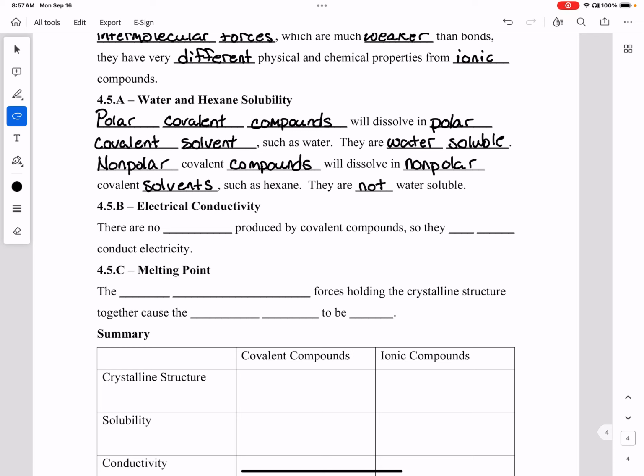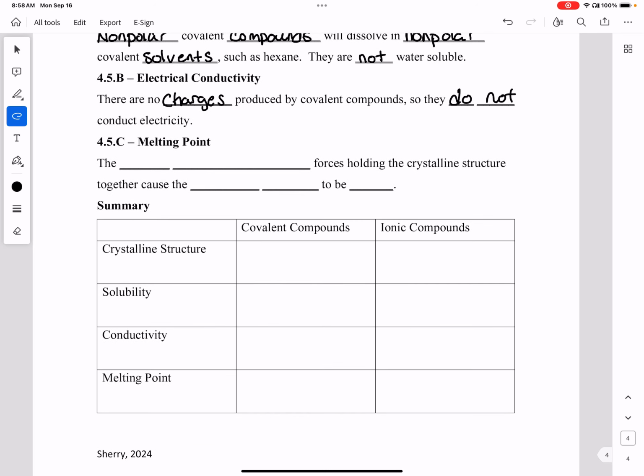Okay, so for electrical conductivity, we have no charges, so they do not conduct electricity. Charges are required. And so our final characteristic is the melting point. So with the weak intermolecular forces holding the crystalline structure together, that causes the melting point to be low.